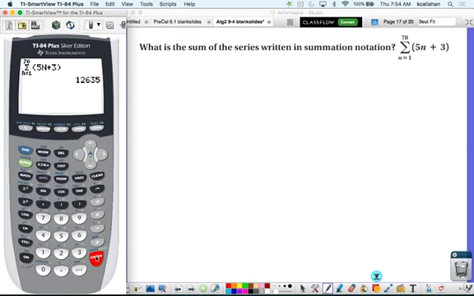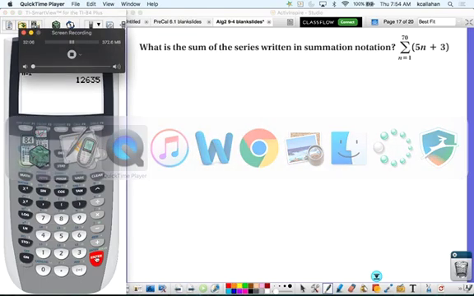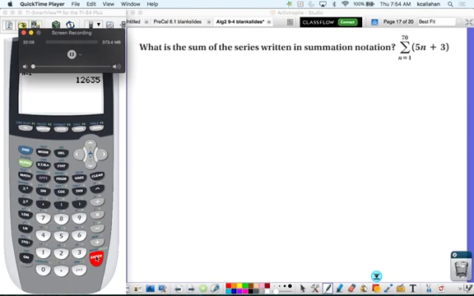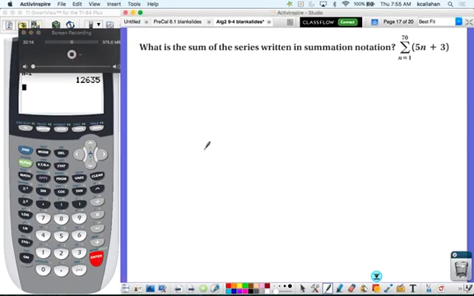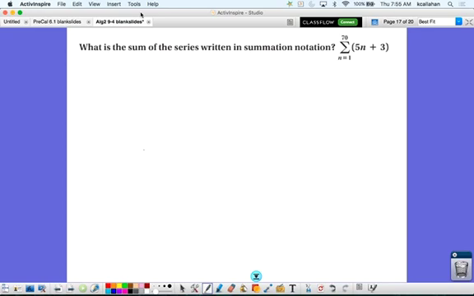Now let's try to do it with Desmos. Okay, so now we're going to use Desmos, and I can't really have both on the screen at the same time, so we'll just remember 5n plus 3, 1 to 70.